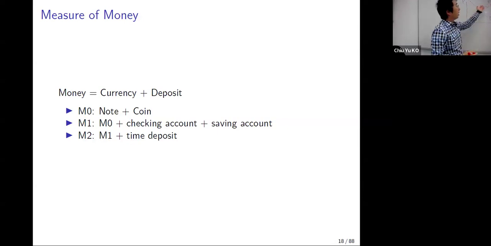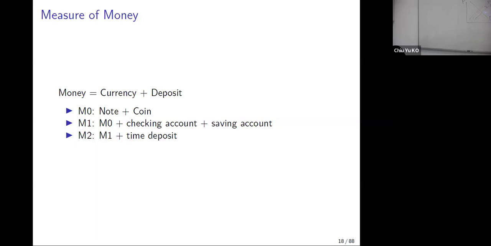But the money creation process will drift a little bit more and more, and then the interest rate will go down further. So that's why the central bank is very powerful: by controlling M0, it is able to change M2, and M2 actually is the thing that affects the whole economy.